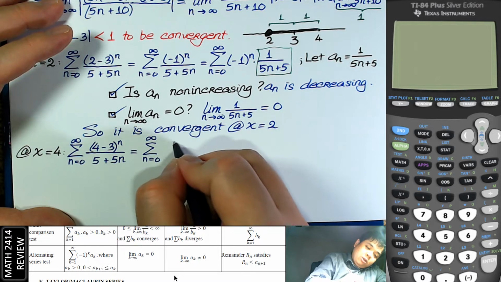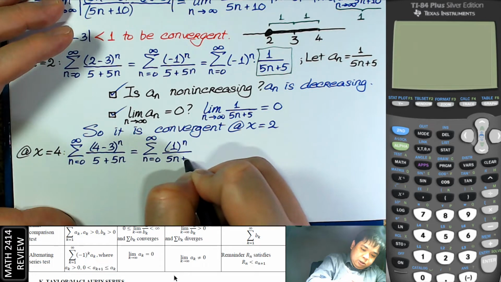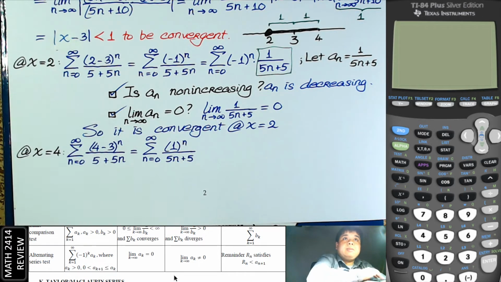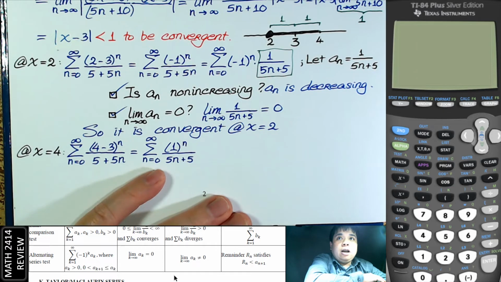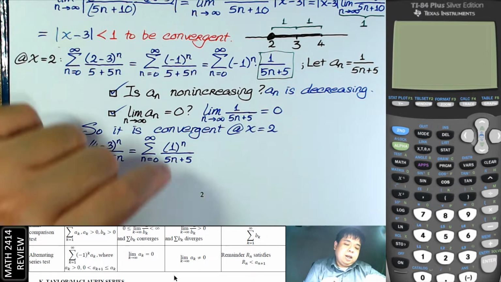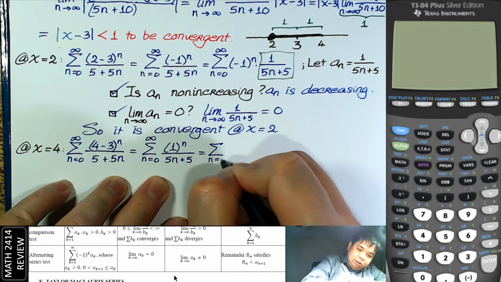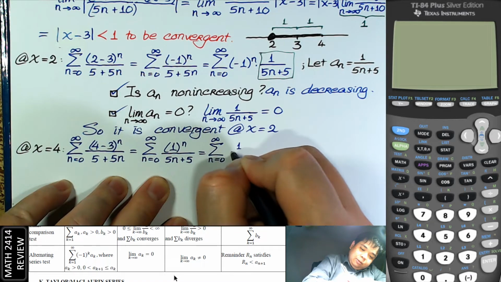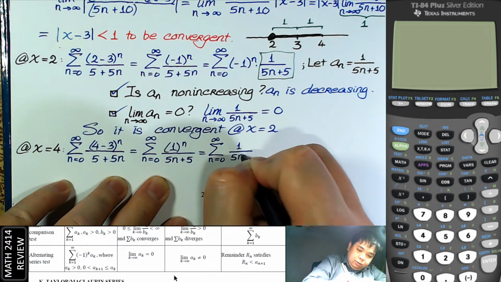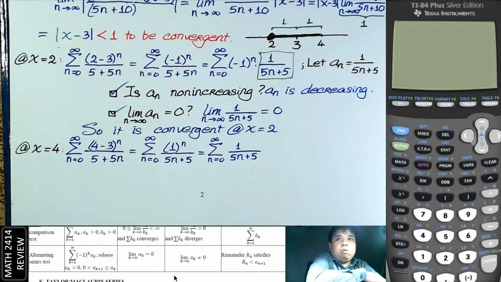And for my 3, just 1. Right. 1 raised to any power is still 1. So this, of course, we can say looks like the p series when p equals 1, so that is divergent.